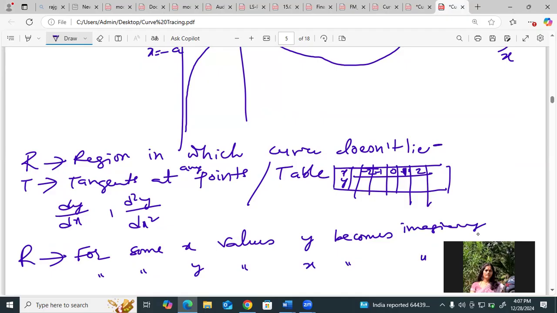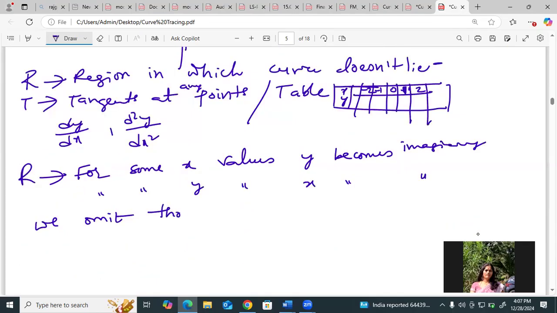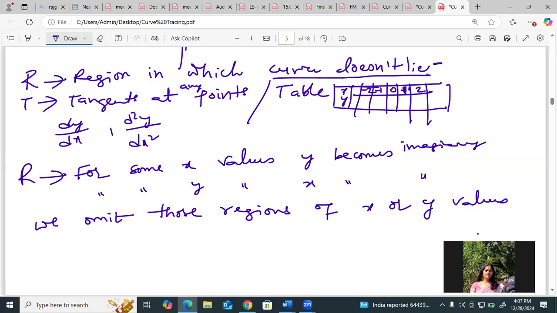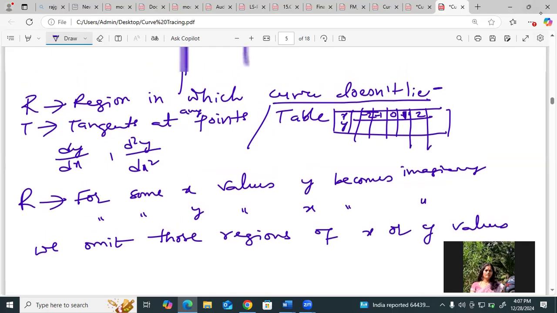I omit those values or those regions of x or y values respectively. The region in which the curve doesn't lie is what I will check for, and I will justify my answer. I hope I am clear with these basic things, guys.